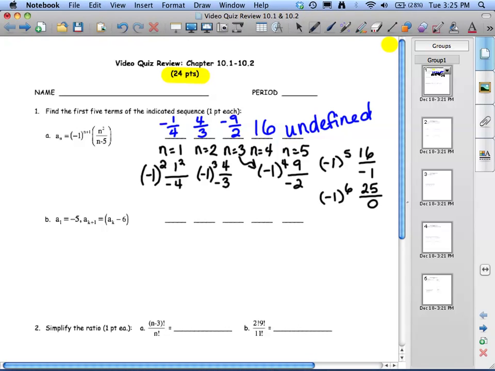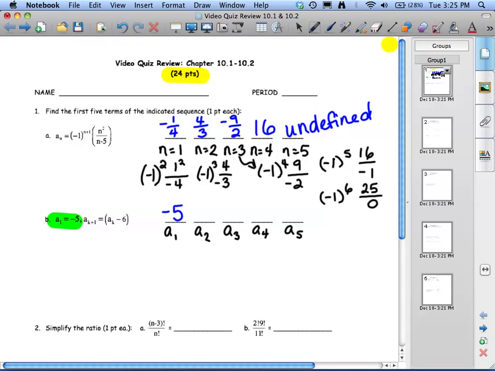B is a recursive. You will see a recursive. The cool thing about a recursive is you shouldn't miss the first term. The first term it gives you is -5. Then I need to write the first term, the second term, the third, the fourth, and the fifth.